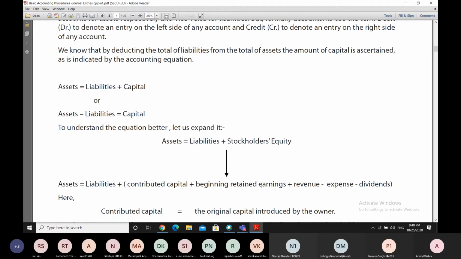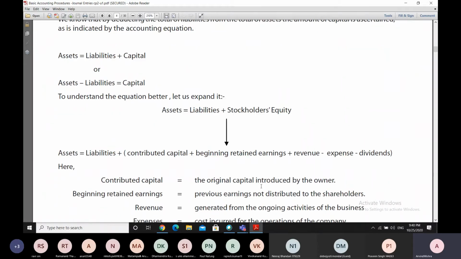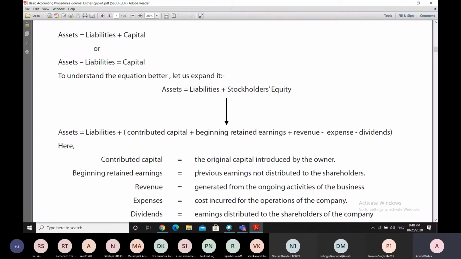Because even the revenue will add to the capital, the expenditure will reduce from the capital, and dividends that we pay out to the stockholders will also reduce from the capital. So here, when we say contributed capital, it means that contributed capital is the owner's capital which he has contributed.